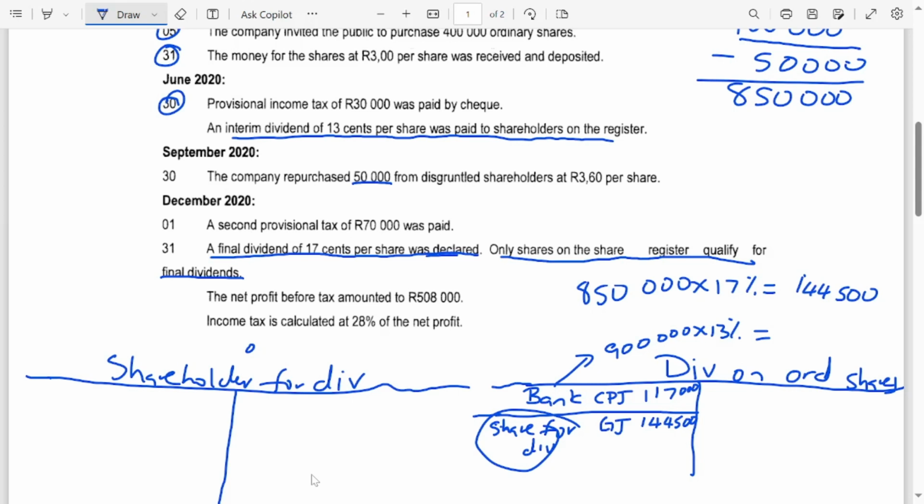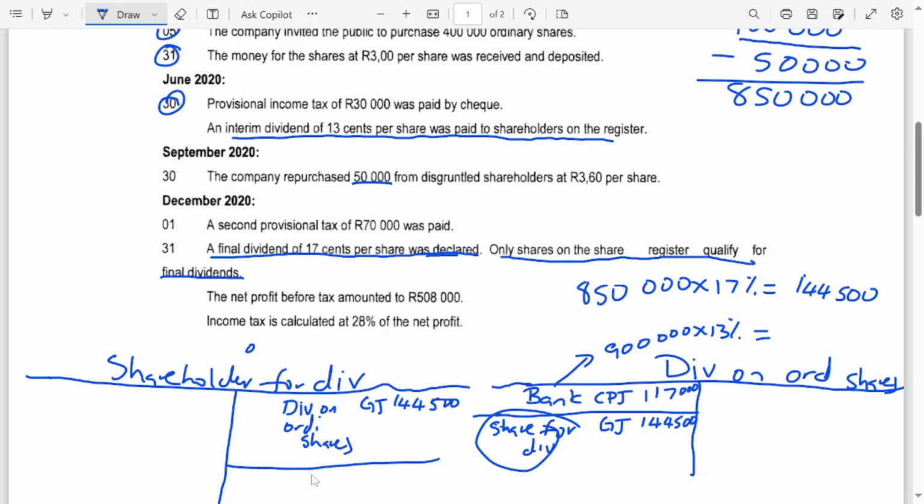It is saying that if something is debited, it must also be credited somewhere else. Besides that, the shareholders for dividends are increasing, as the people that we as a business owe are increasing, because now we are owing the shareholders the money for the dividends. So it is dividends on ordinary shares. So this is how we do this.